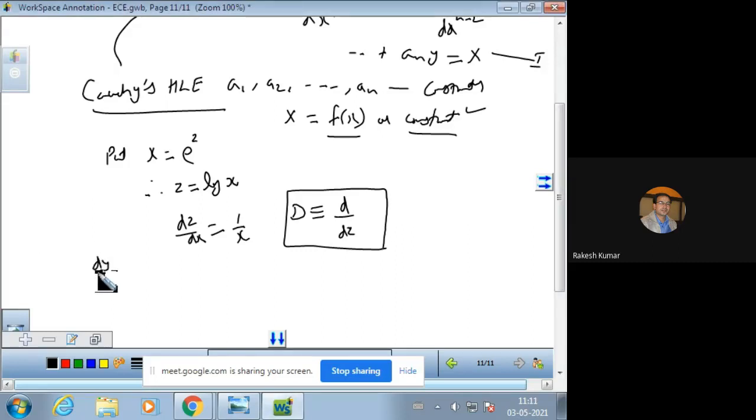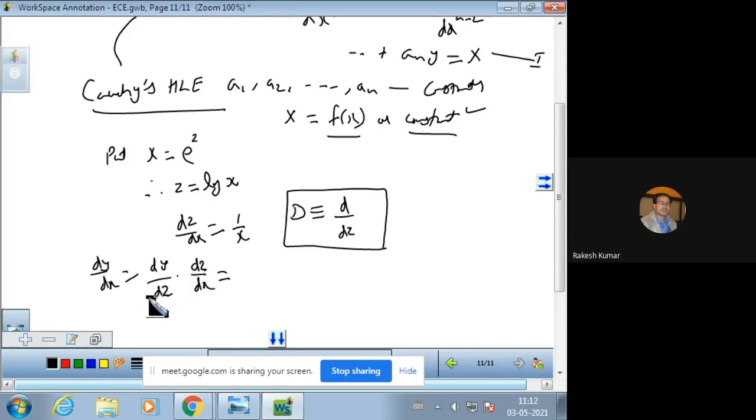For this, we have to compute dy by dx. dy by dx can be found by taking dy by dz and dz by dx.